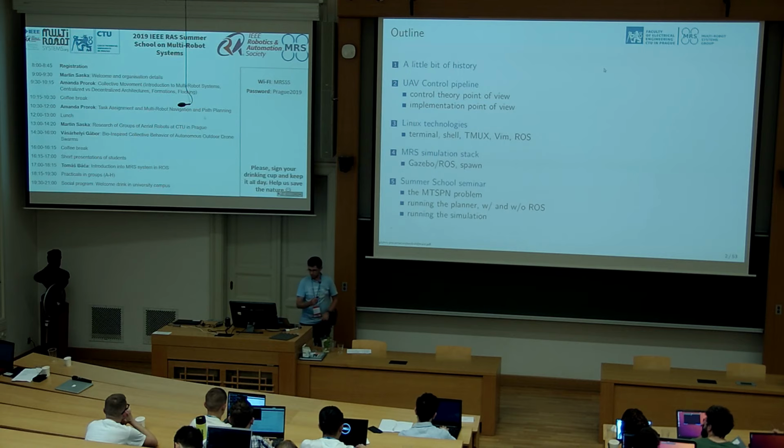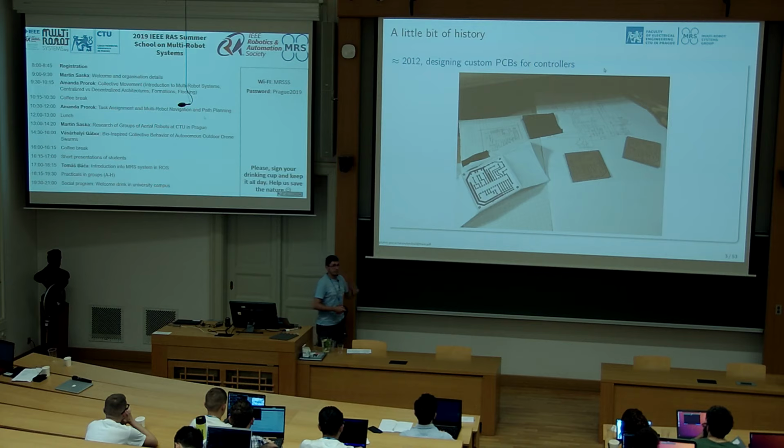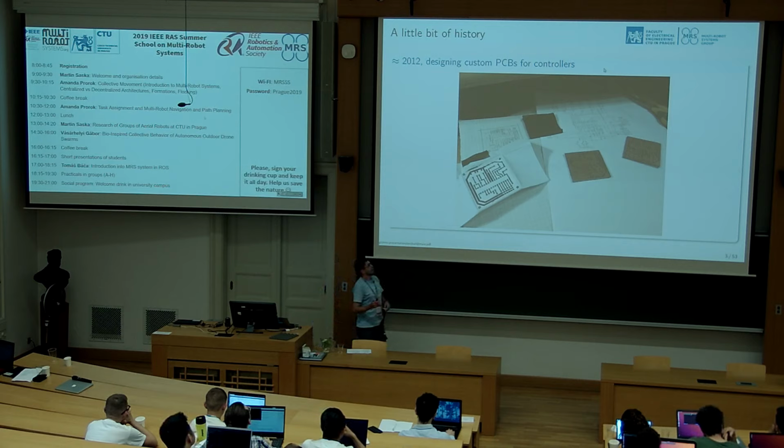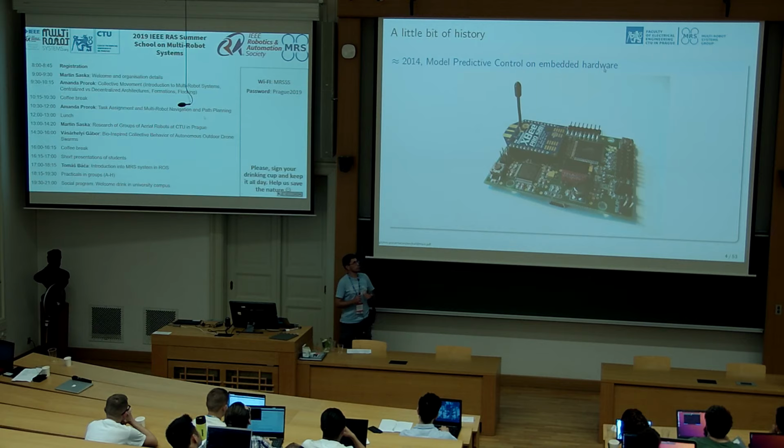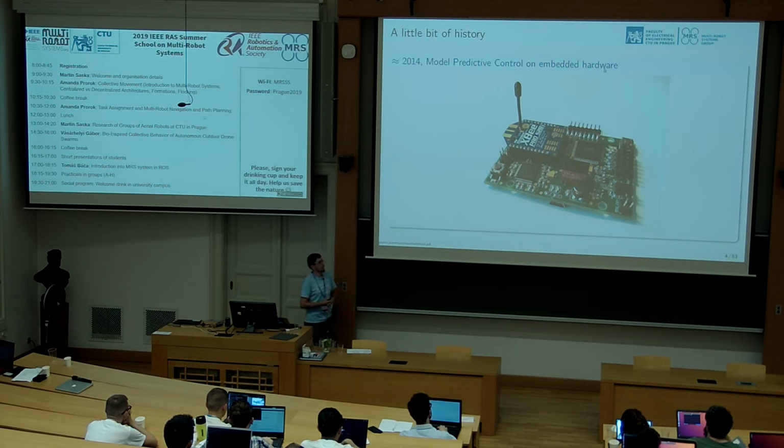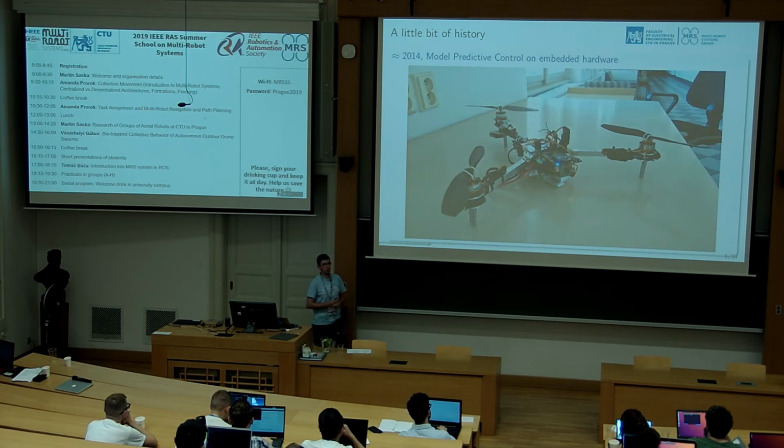So does this work? Great. So in 2012, development of a controller for a drone started like this, by plotting a PCB layout by hand, and then iteratively going through development, which resulted in this. This is like 2015-ish control board, which we developed for our tiny drones.